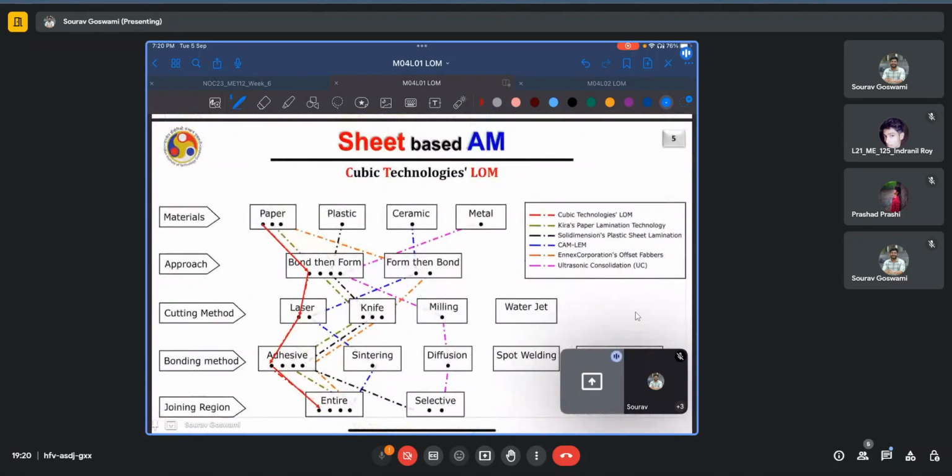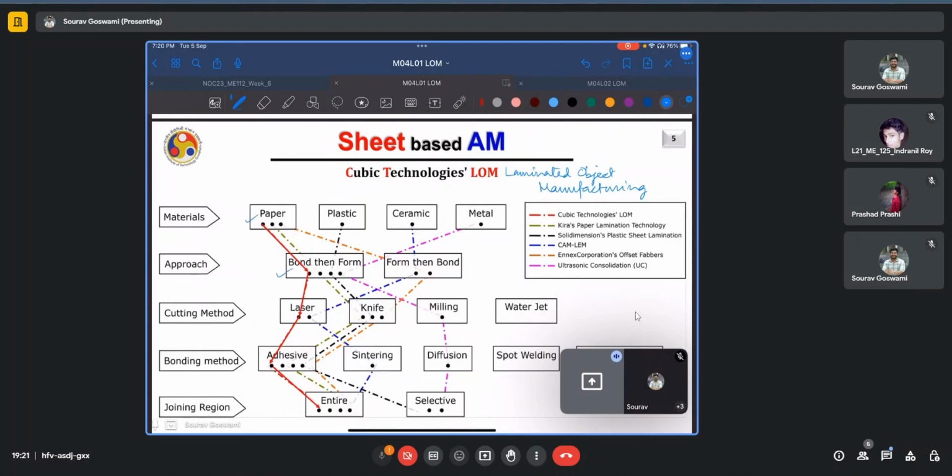Now, the first technology that we encounter is the laminated object manufacturing by Cubic Technologies. LOM stands for laminated object manufacturing, which utilizes paper as the raw stock and uses a bond and then form approach.